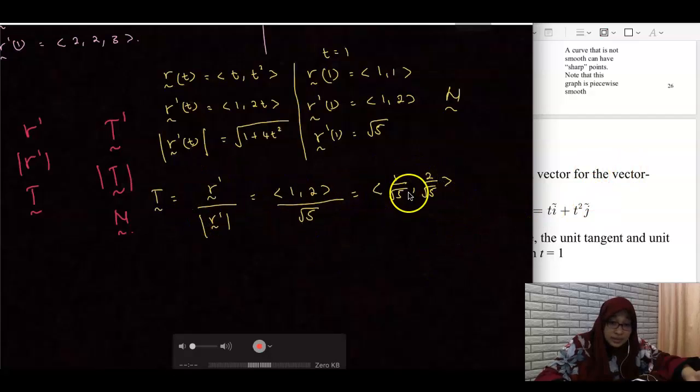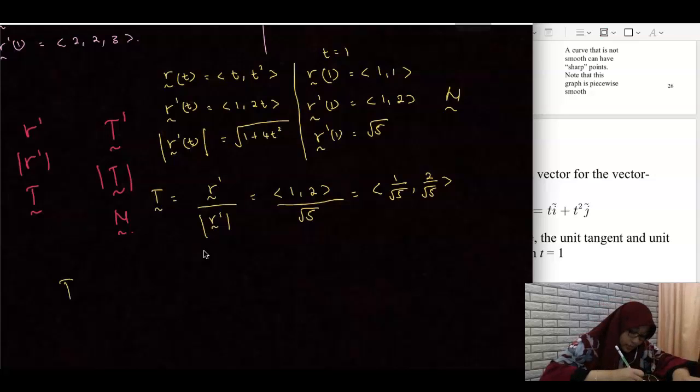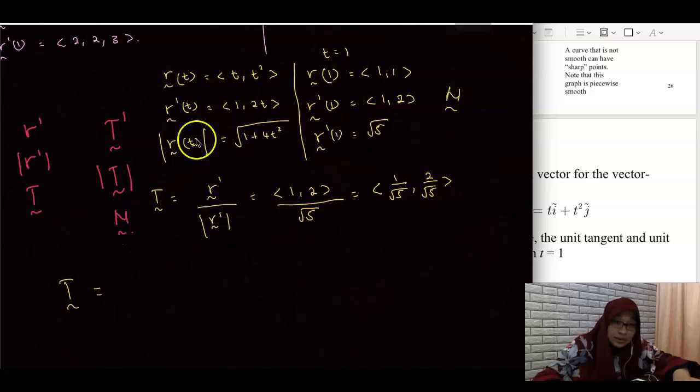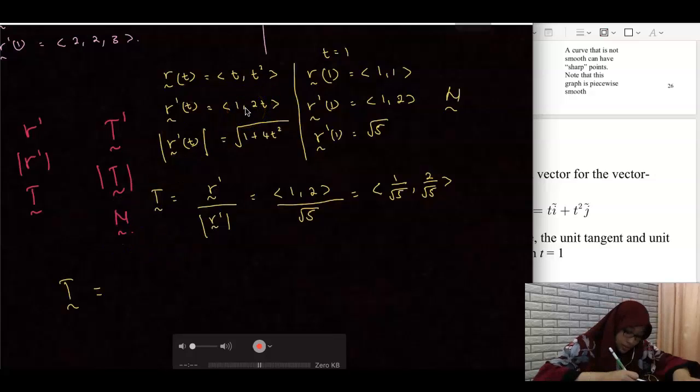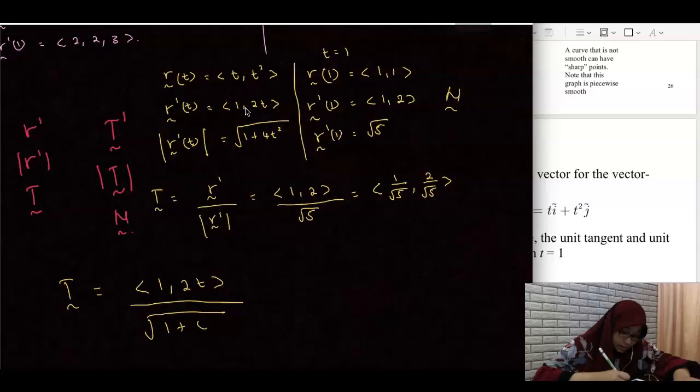But because we are computing the N, you have to work in the expression of t. So your T is r prime in terms of t divided by the magnitude, which in terms of t is the square root of 1 plus 4t squared.